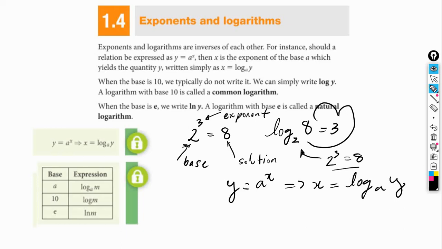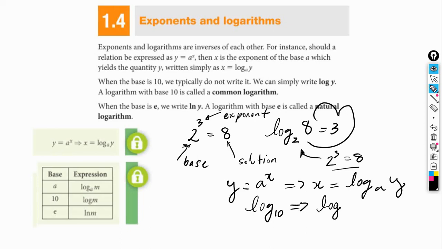So two very common logarithmic bases are log base 10. It is so common that normally you're not going to see it written like this in documents. It's simply going to be written as log. So log with no base, you can assume immediately that this is log base 10.